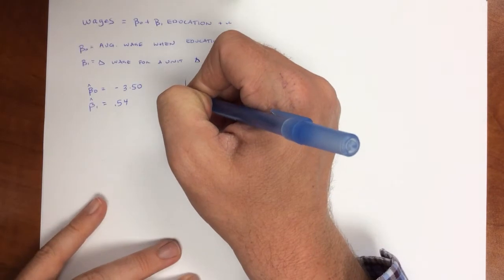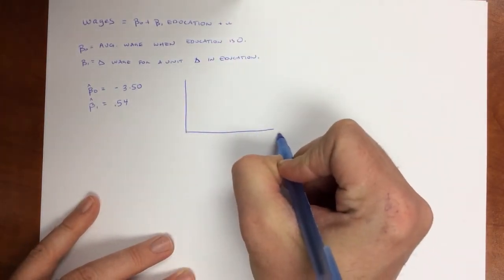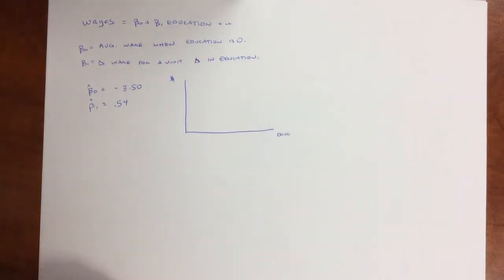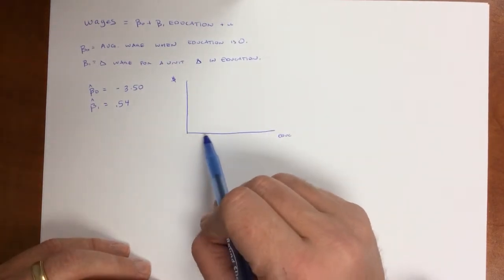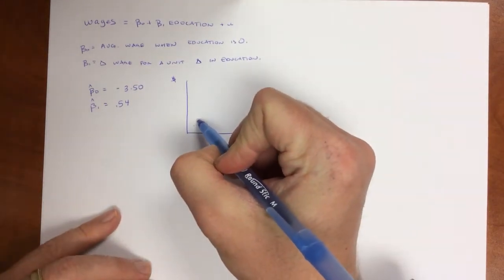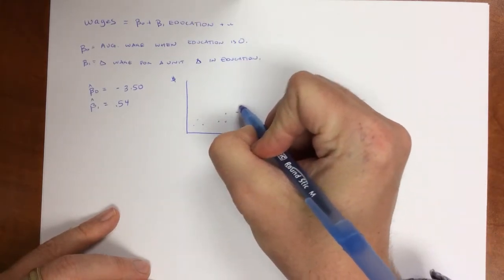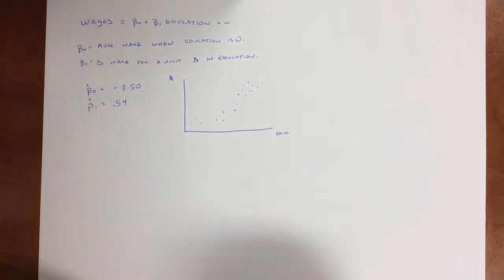Well, again, what we're trying to do here is look at our data where we have education and wages. And where does our data fall? Well, it turns out there's very few people that fill out these surveys that have 0 years of education. They might be here, here, here. Everybody else, all the other data is like that.